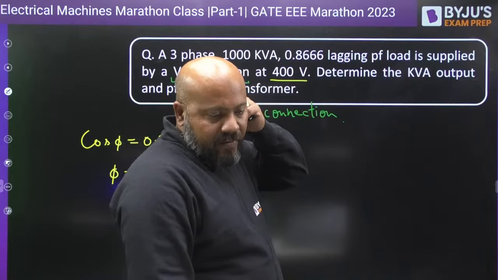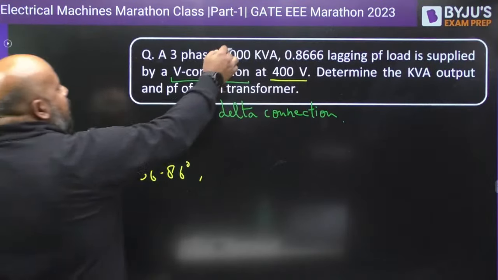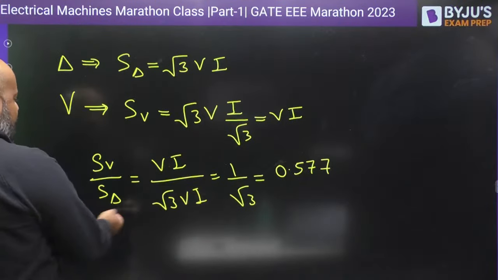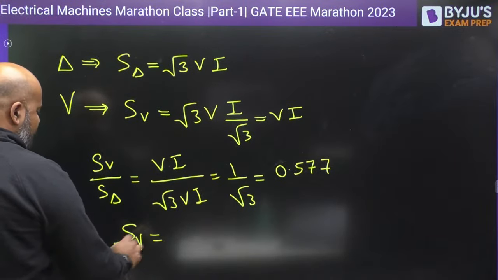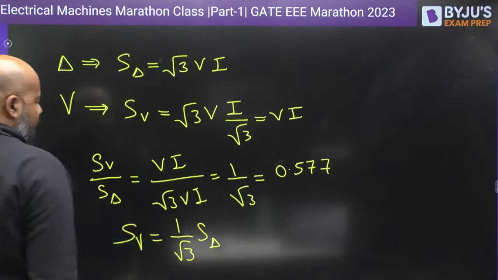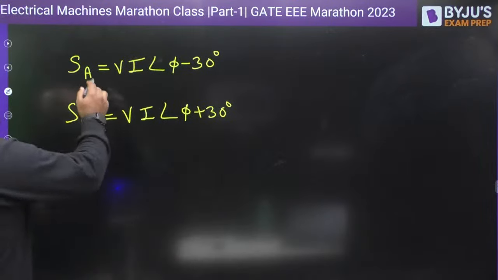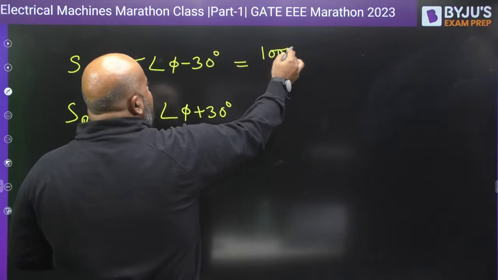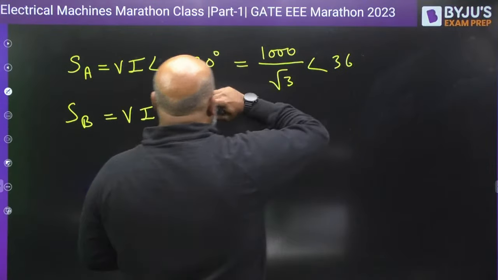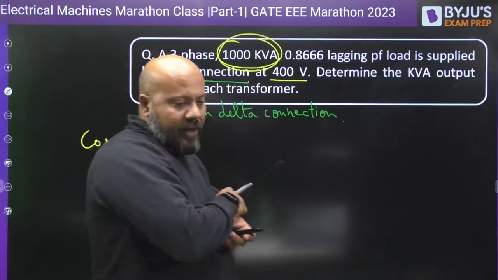Directly you can write in terms of power itself, because the delta connection total power is given. The power for the open delta connection becomes 1 upon root 3 times that of the delta connection. So SA and SB you can write directly as 1000 divided by root 3, angle phi minus 30 and phi plus 30. Cos phi is given as 0.866.